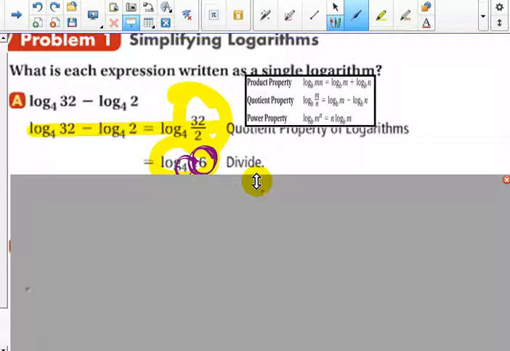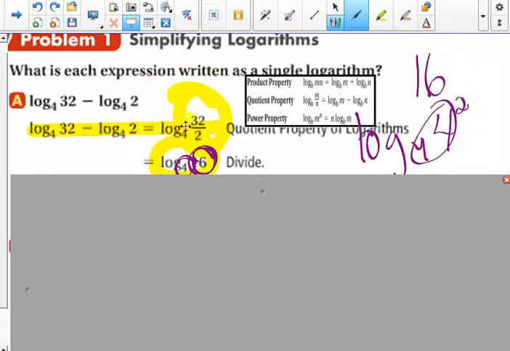So can I rewrite 16 as a power of 4? And what would it be? 4 to which power? 4 squared. So 16 is 4 squared. So now this power matches my base. Do you see that?